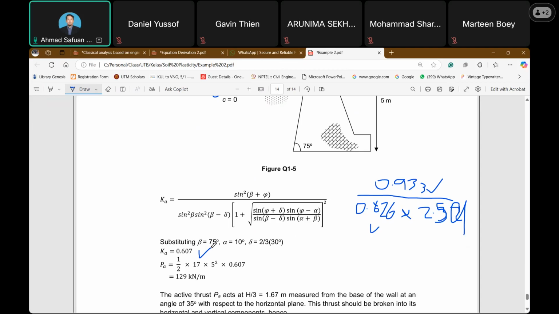Sin alpha 10 plus beta 75, 85. Square root 1 plus answer power by 2. 1.97. Okay, 1.97.